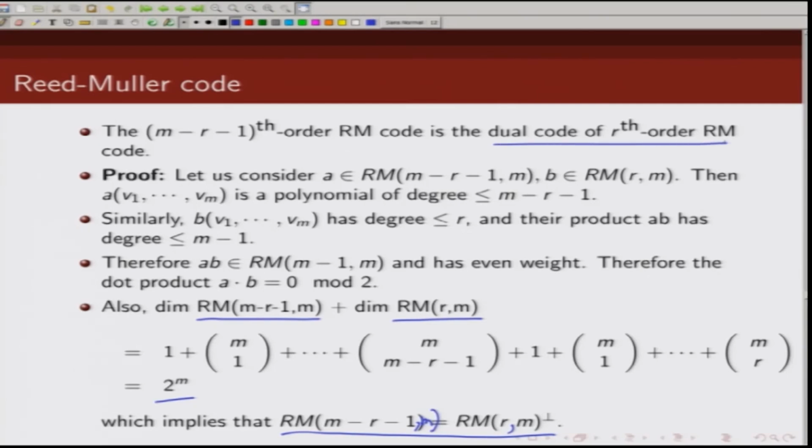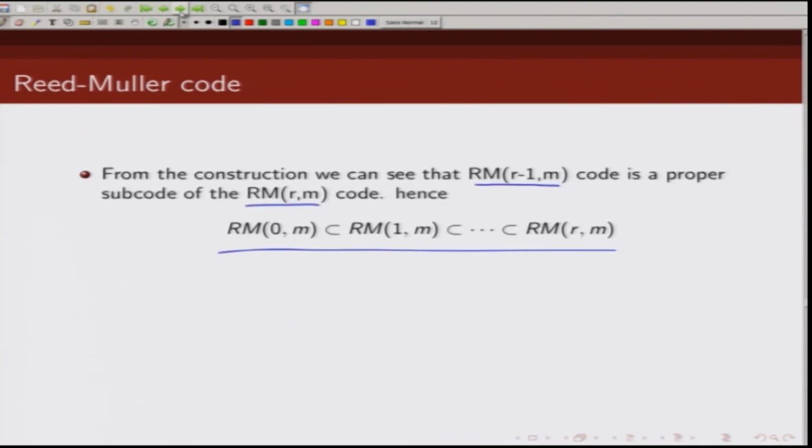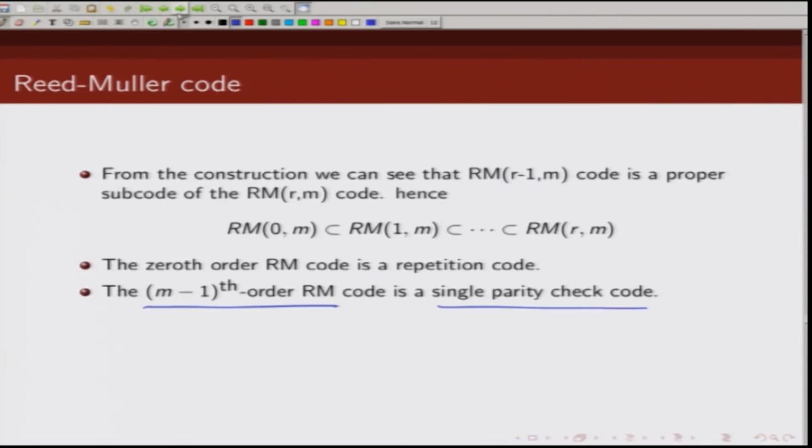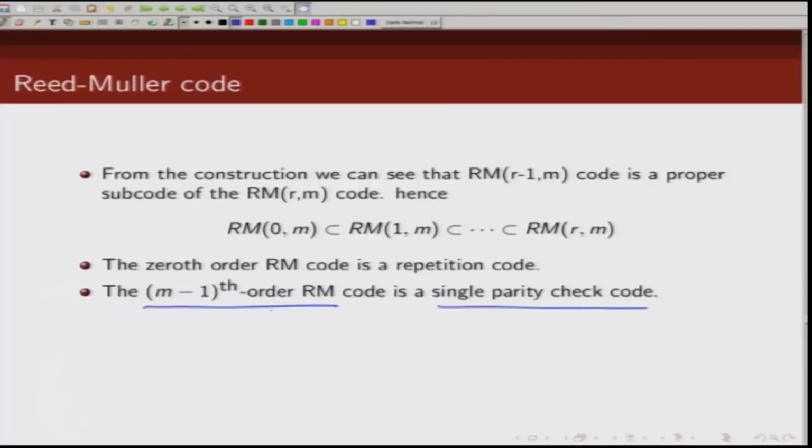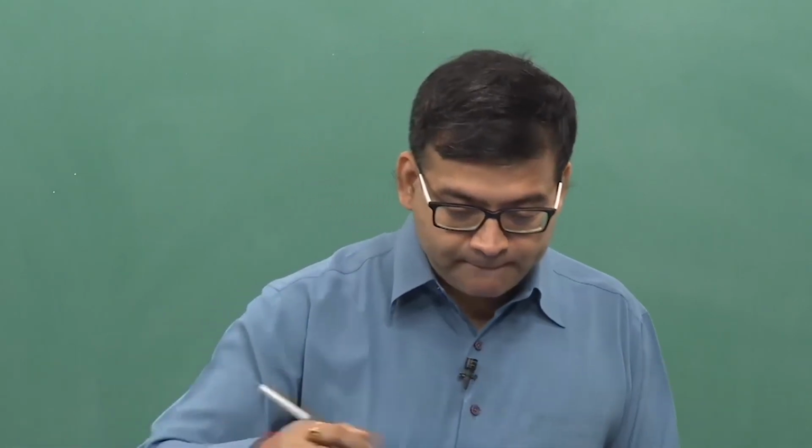So, if R is, let us say, 0, then the 0th order Reed-Muller code is dual to the M minus 1th order Reed-Muller code. And what is the dual of a repetition code? It is a single parity check code. So, M minus 1th order Reed-Muller code is nothing but a single parity check code.